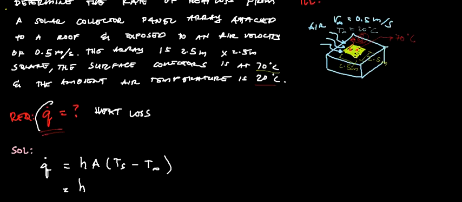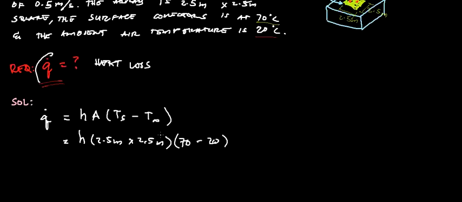The area is given by 2.5 meter by 2.5 meter, the surface temperature is 70 minus the fluid at 20 degrees Celsius. Let's call this equation 1. From equation 1, we notice that in order to determine the heat loss, we need to find the value of H.